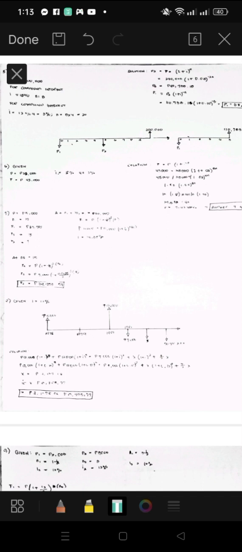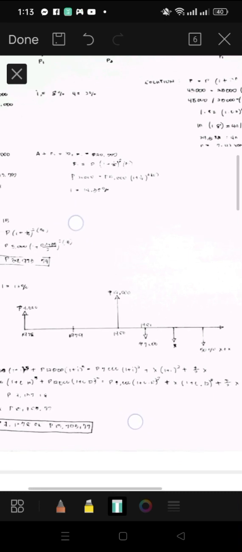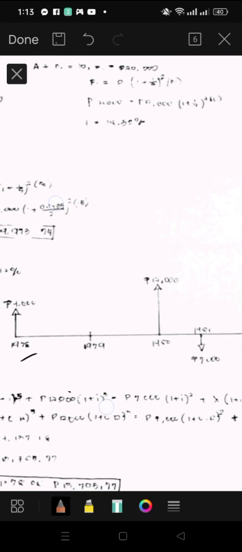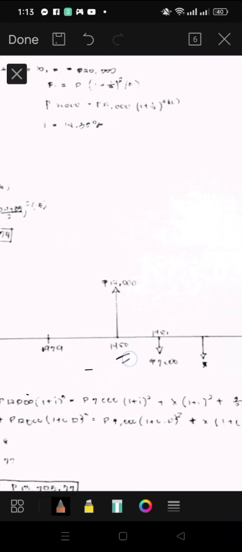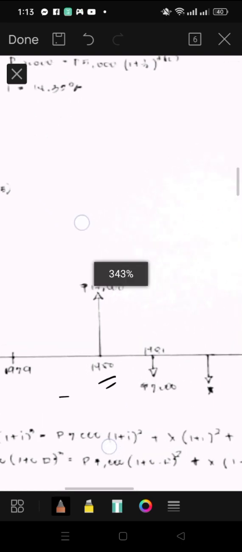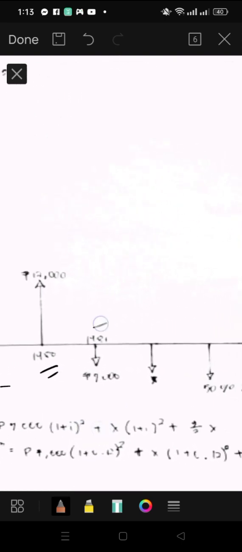To understand further the flow of the money, let us draw a schematic diagram, which is 9,000 first in 1978. The second is 1980, which is 12,000. Then the next is in 1981, which is 7,000.